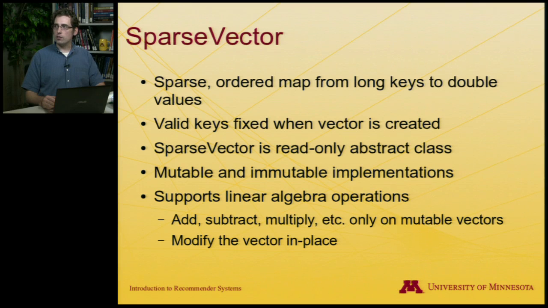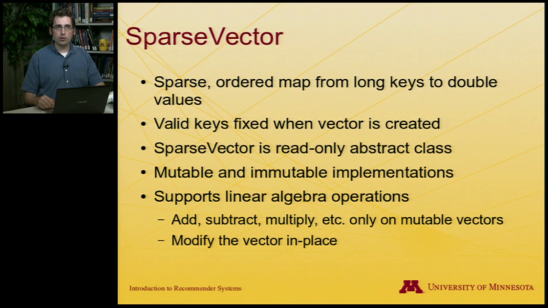Sparse vectors also support linear algebra operations. Mutable vectors support adding in vectors or adding a constant value to every entry, subtracting, and multiplying, either multiplying by a scalar or doing pairwise multiplication by the elements in another vector. These modify the vector in place.